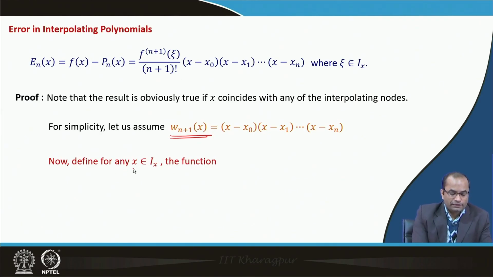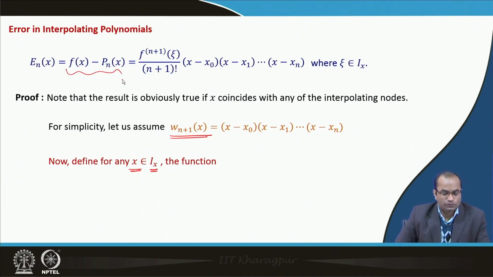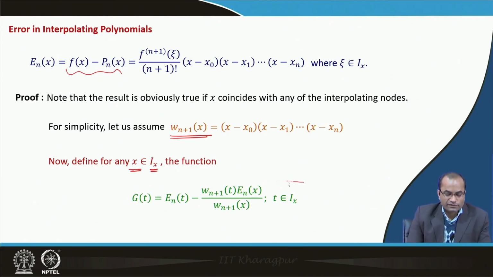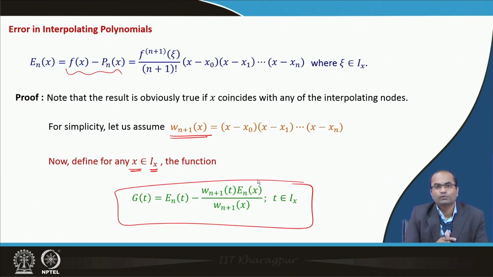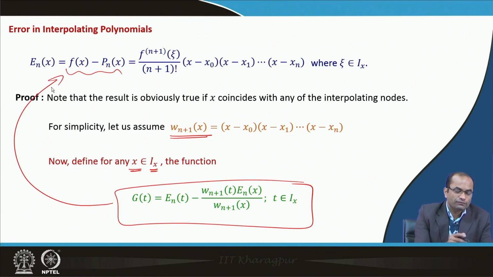And now, for any x we take in the domain of this function, where we want to calculate the difference between the two, we define a function which will help us prove exactly this formula for the error, which is the aim of this lecture.